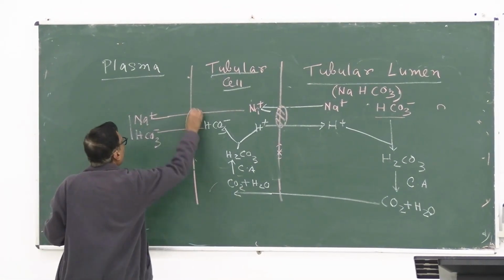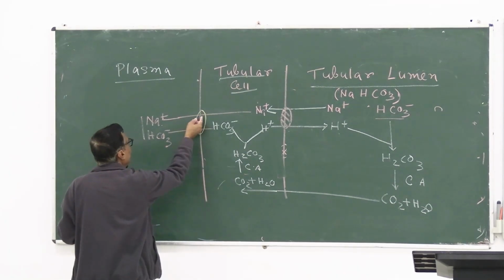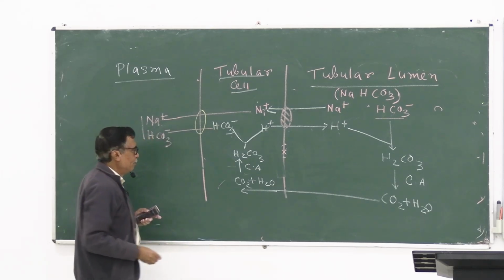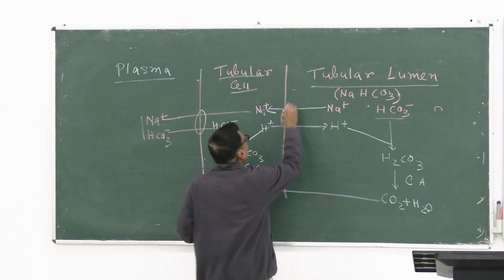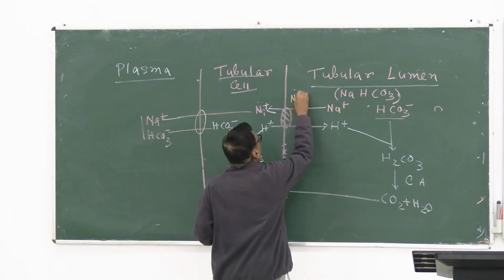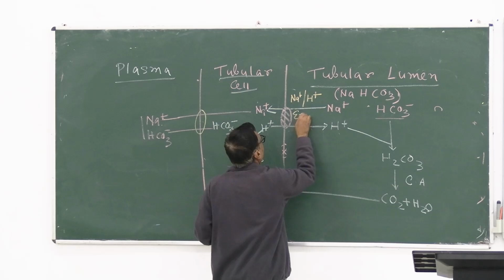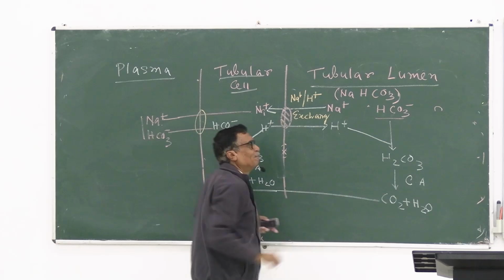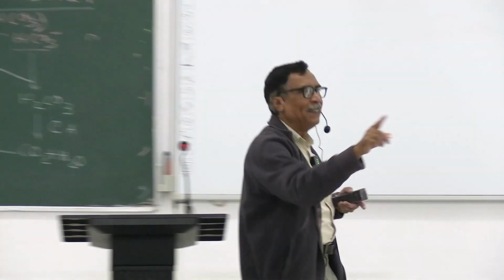There is a symport, which passes sodium and bicarbonate both. The protein here is the sodium hydrogen exchange, that is, by exchange of the hydrogen ion sodium enters. By exchange of the hydrogen ion sodium is entering.